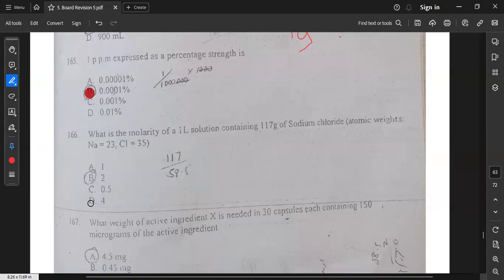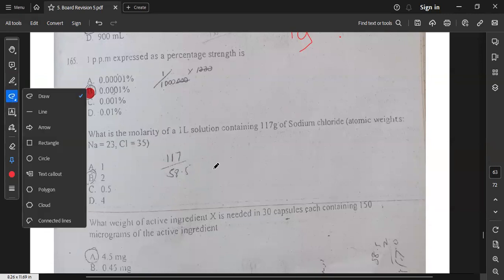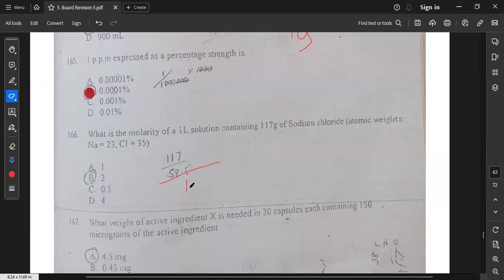Then moles, mass over RFM. So we have 117 over 58. You find 2, it will be 2.